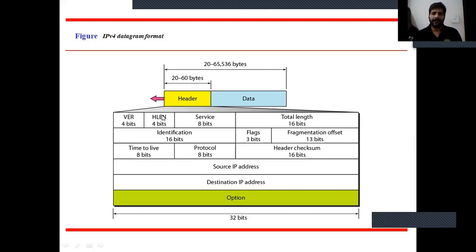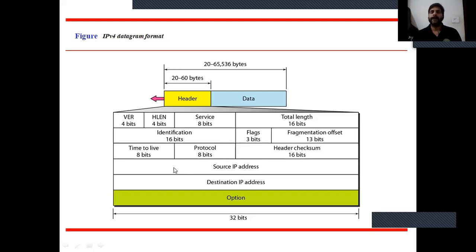Next is header length, which contains 4 bits. The next field of the IP datagram is type of service, which contains 8 bits, and the total length is 16 bits. Then 16 bits are used for identification, 3 bits for flags, and 13 bits for fragmentation offset. 8 bits are used for time to live, 8 bits for protocol, and 16 bits for header checksum.